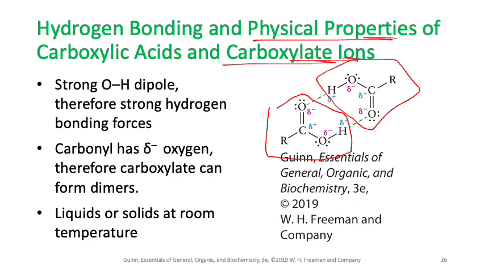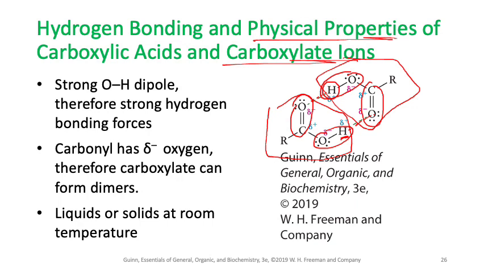One hydrogen bond comes from the carbonyl group of one carboxylic acid and the hydrogen from the alcoholic part of the other. This is a hydrogen bond. Again, the second molecule also has a carbonyl group, and the other molecule also has a hydrogen attached to the alcoholic part, so it can also form a hydrogen bond.